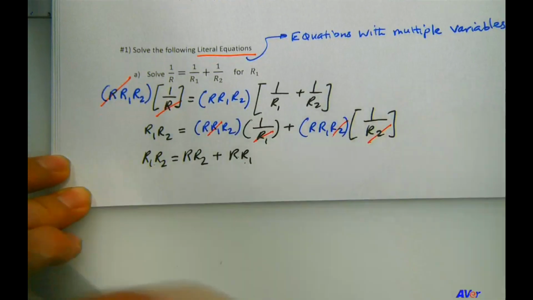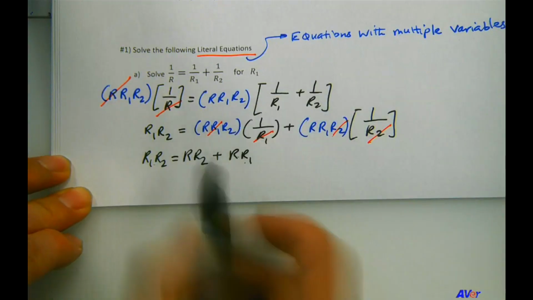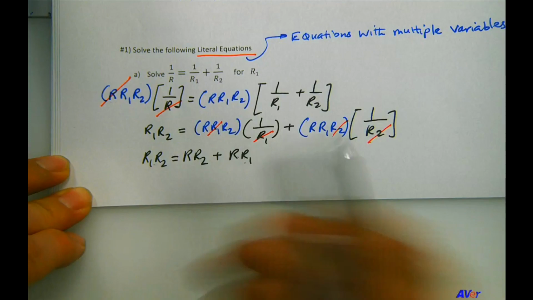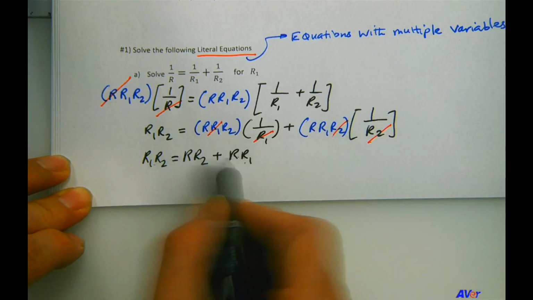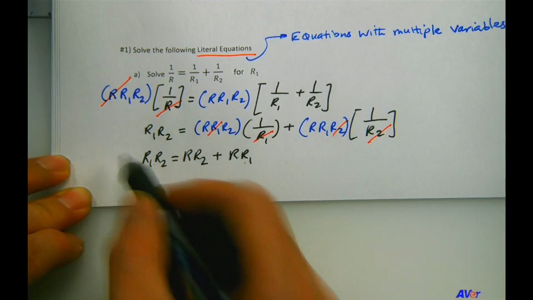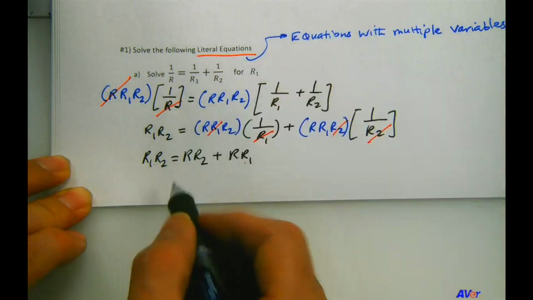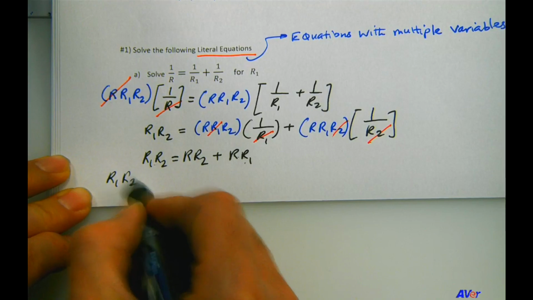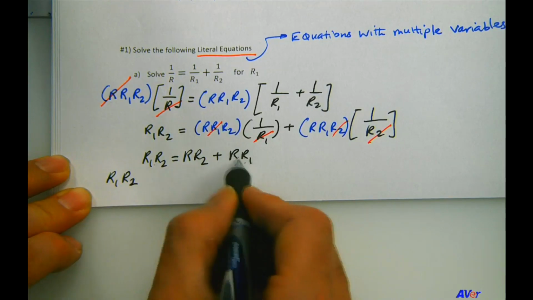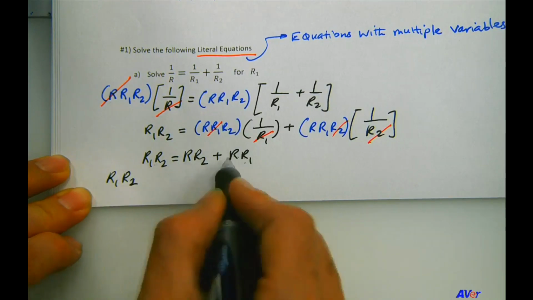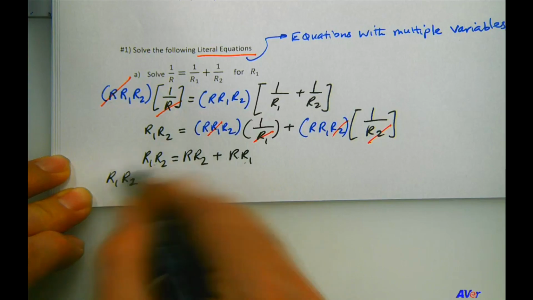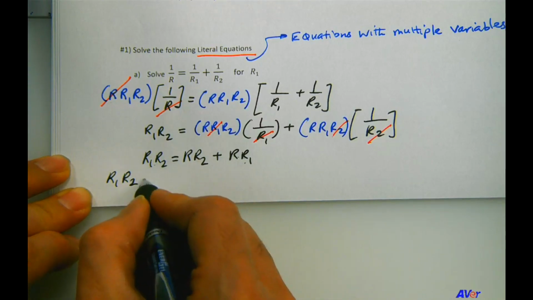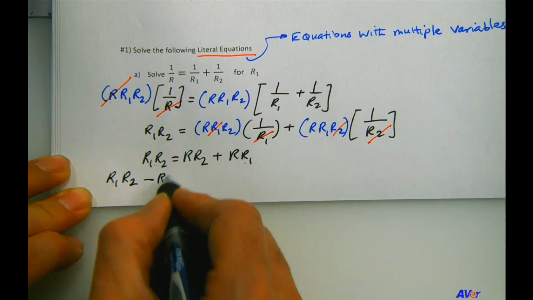We need to take steps in the direction of isolating r1, and putting all the terms that have r1 in them on one side is one step in that direction. So I will write r1, r2. I'm going to move this r1 to the left. It was positive. When I move it to the left of the equality symbol, it becomes negative.